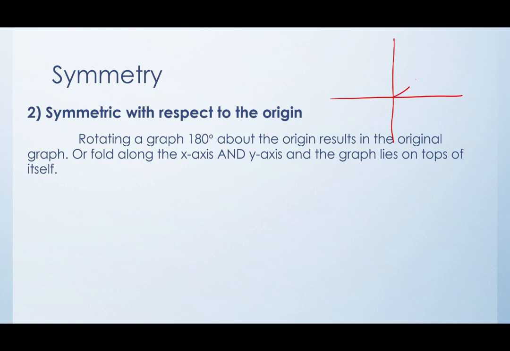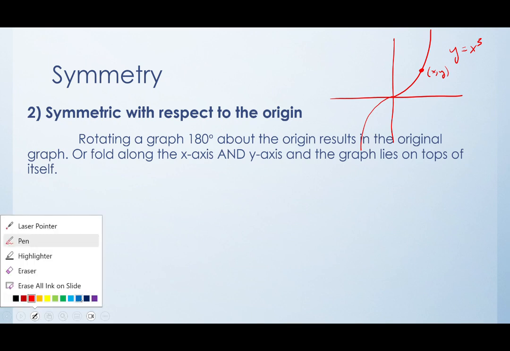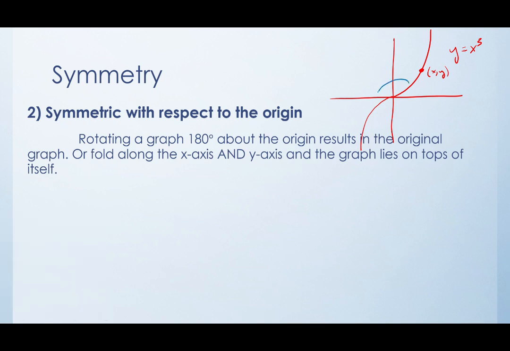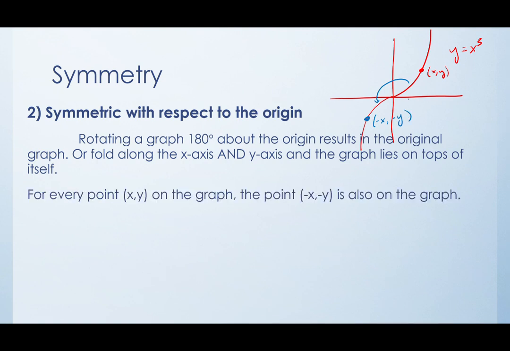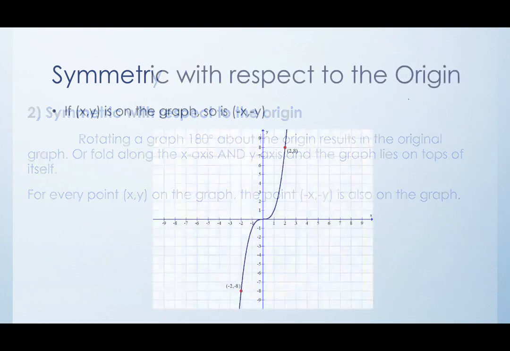So let's say I've got this graph, which is x cubed, and I've got whatever this point is, x comma y. If I were to rotate this graph, imagine in your head rotating it 180 degrees, we're going to get that same point on the graph, but negative x, negative y. So that's our guidance here: for every point x, y on the graph, the point negative x, negative y is also on the graph.